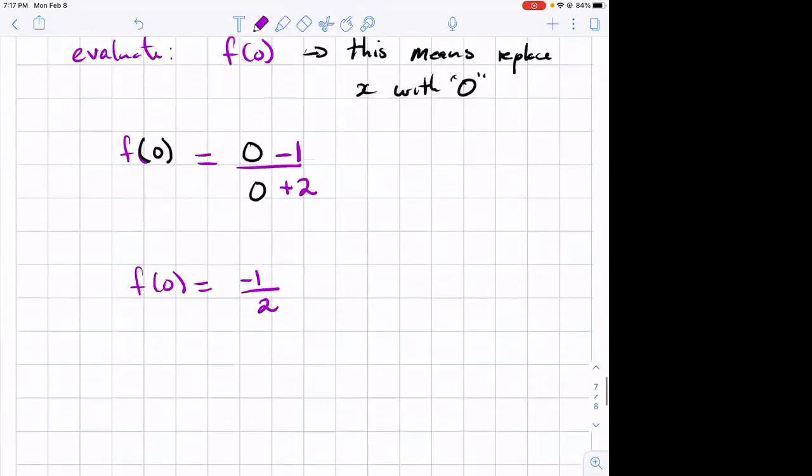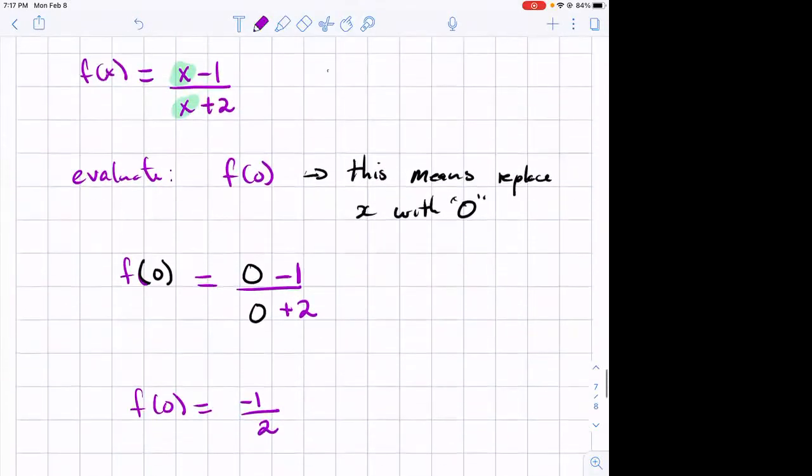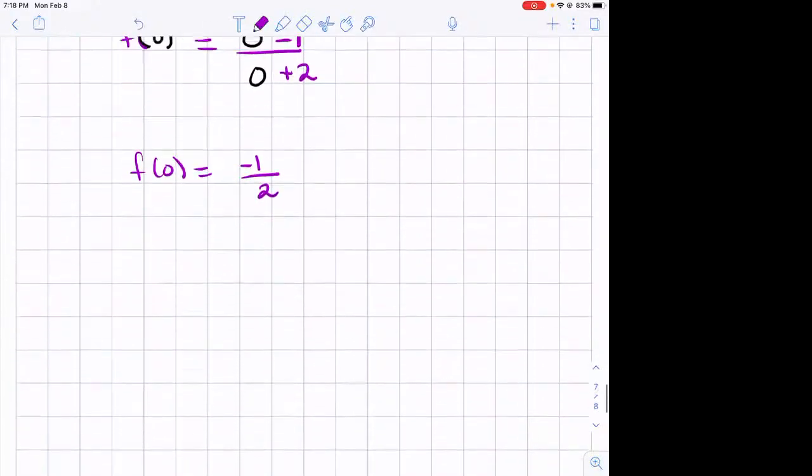Now, you have probably done a lot of these before, but I don't want to go into too much detail about functions now. What I do want to bring to your attention is the domain of rational functions, something called the domain. The domain of a function is all acceptable values of that function.